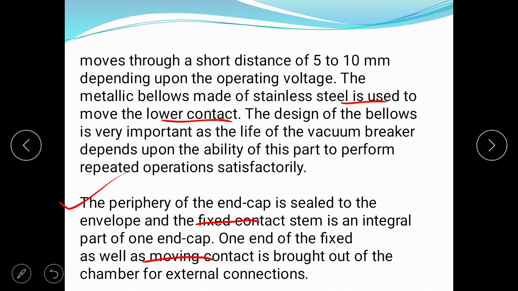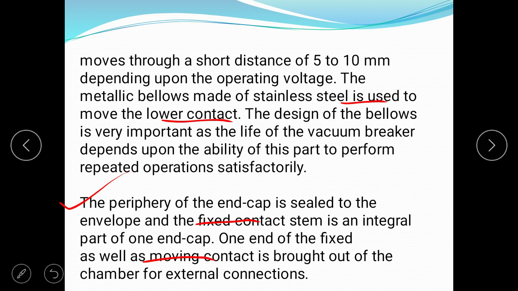Next is no emission of gases and it is pollution free. Next, no explosion and silent operation. Next is the breaker unit is compact and self-contained. It can be installed at any required orientation, maybe horizontal or vertical.